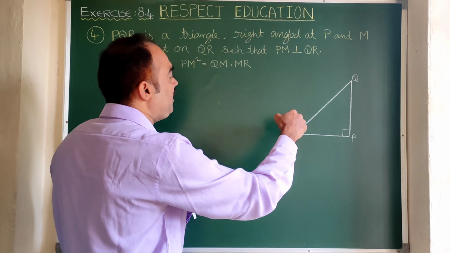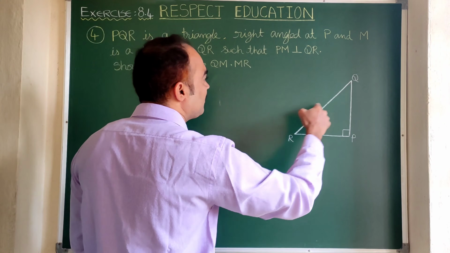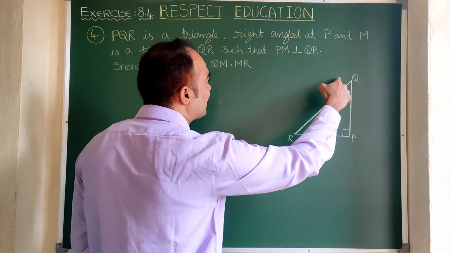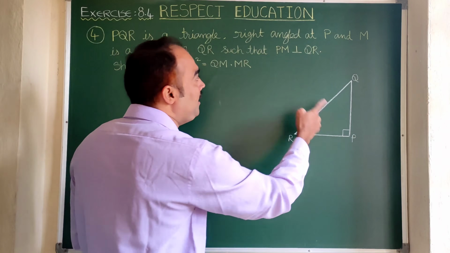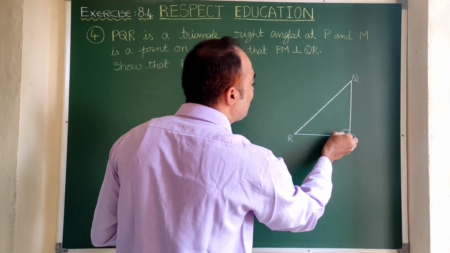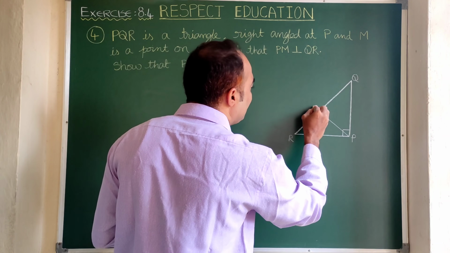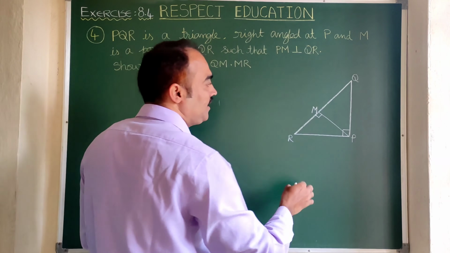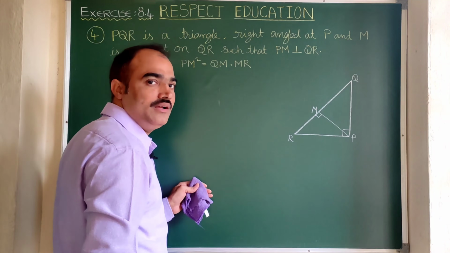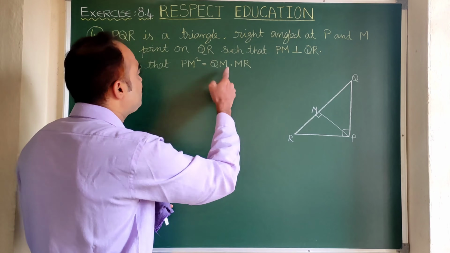Where M is a point on QR, means here M lies somewhere here, but the condition is that PM is perpendicular to QR. Let us draw a perpendicular line. For example, this is perpendicular, here you can take M. PM is perpendicular to QR. So right here we need to show this.